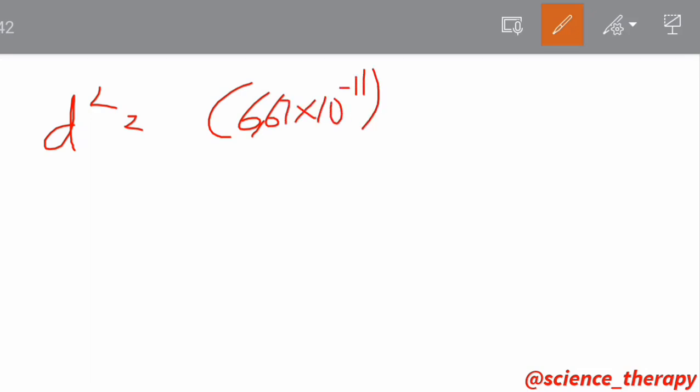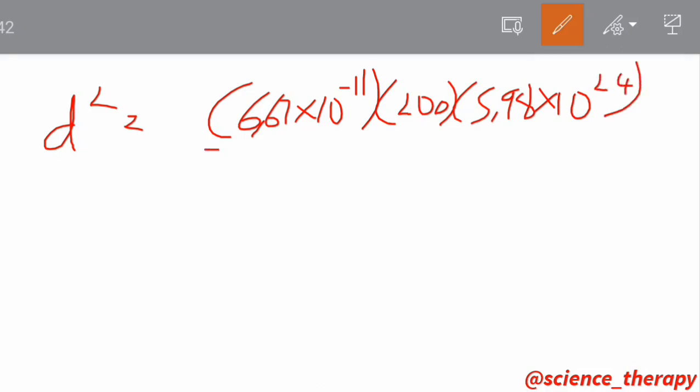Then let's check. So in other words, here we have d squared, and then whatever that was up there, we just keep it like that, 6.67 times 10 to the power of negative 11. And then we have our 200, and then we have our 5.98 times 10 to the power of 24. And then remember, now we are bringing over here 1764.